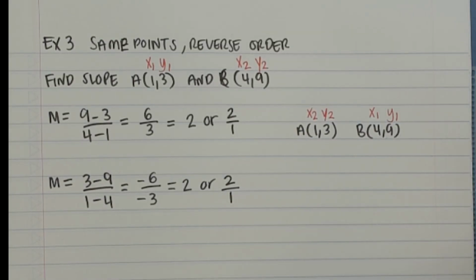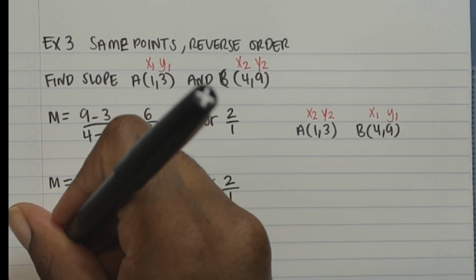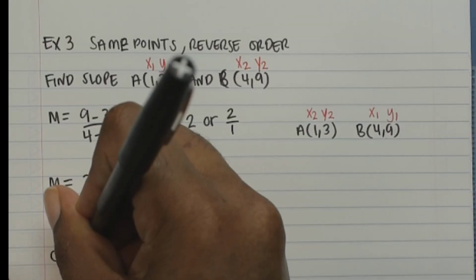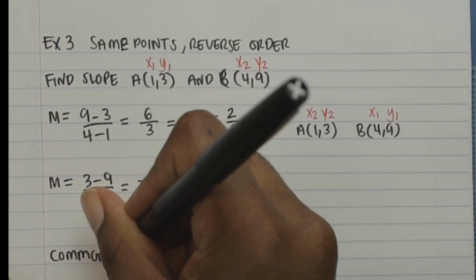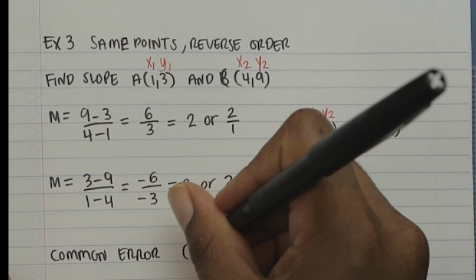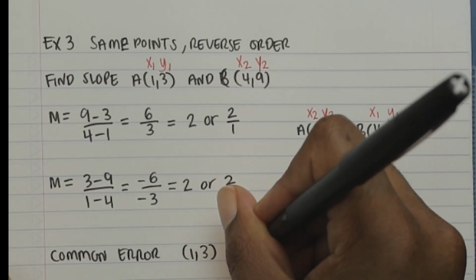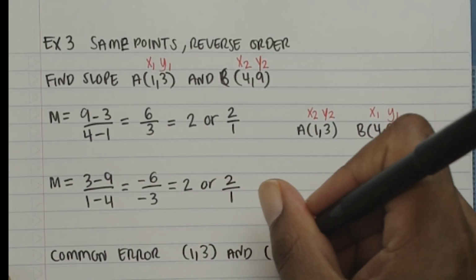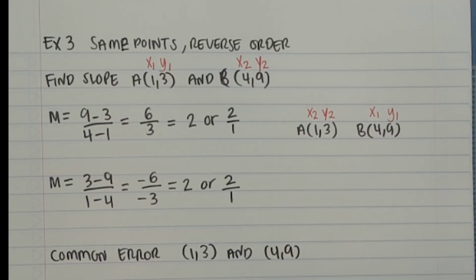So a common error is, let's just say a student uses the points 1, 3 and 4, 9.